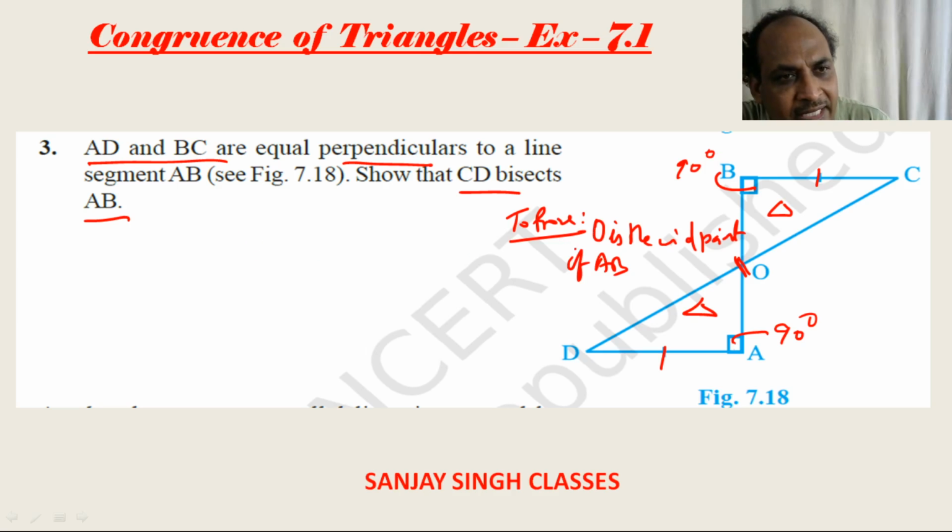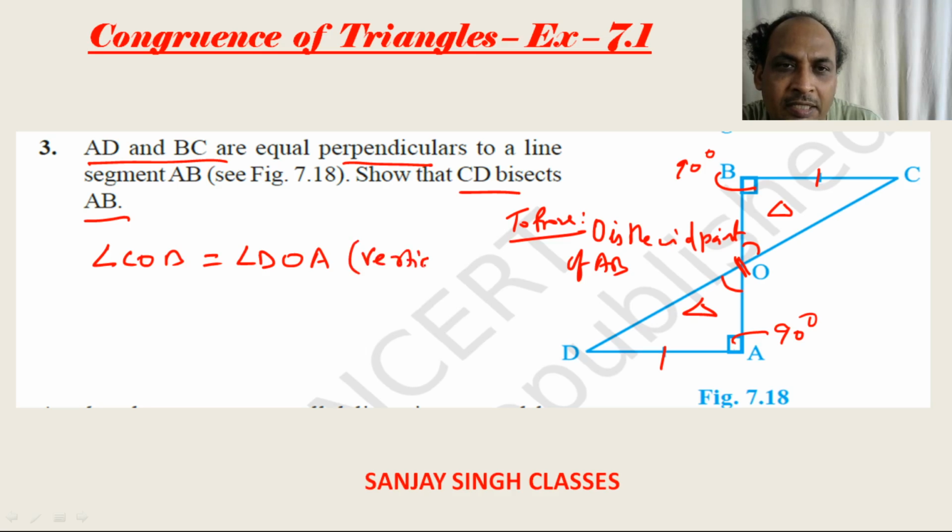Now we can see that this angle is equal to this angle, means angle COB is equal to angle DOA. Why? They are vertically opposite angles.